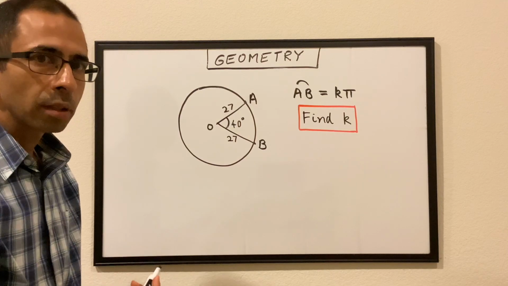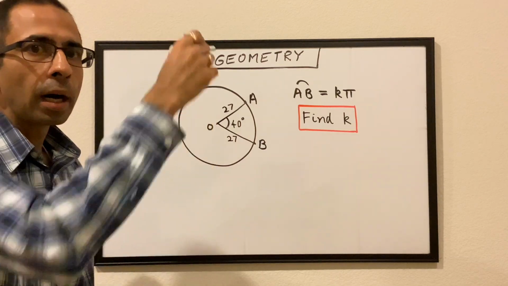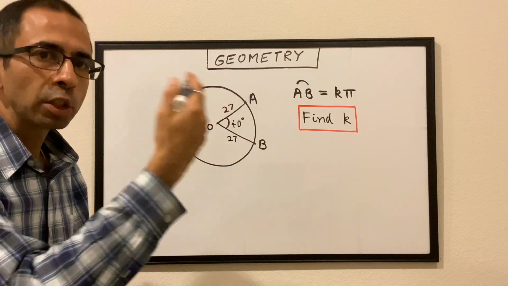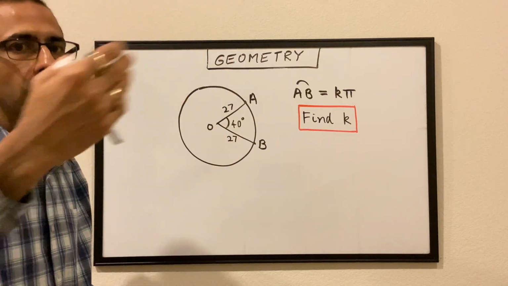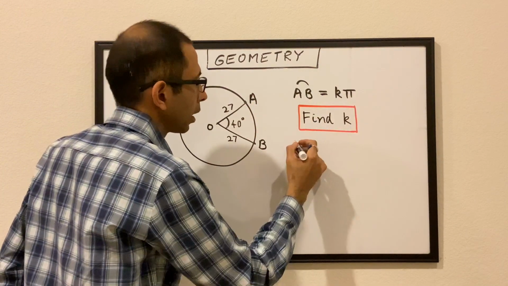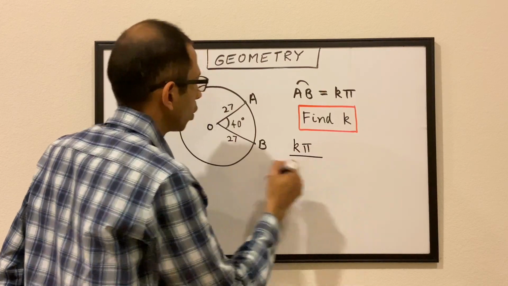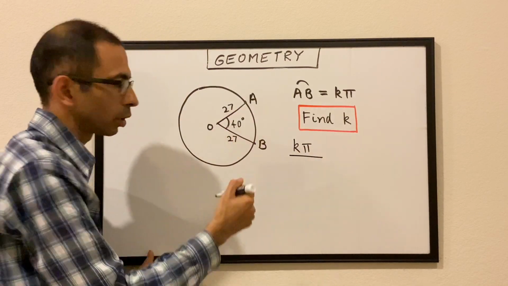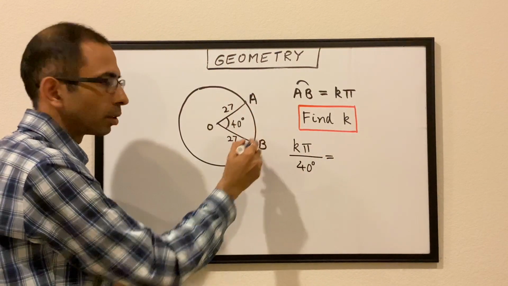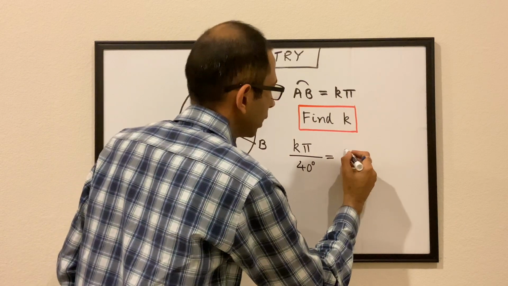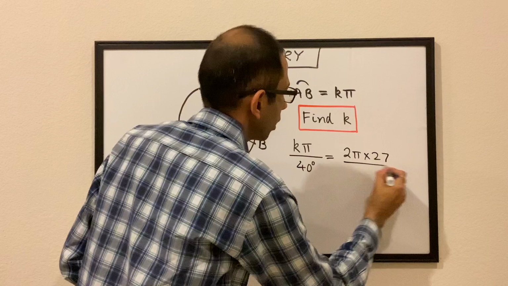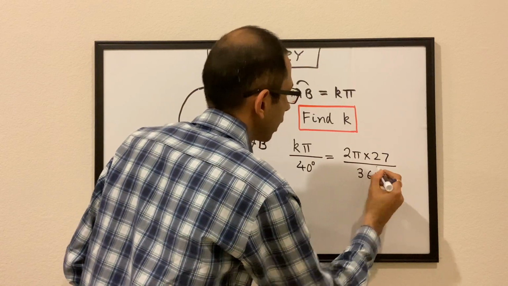So again, as we discussed earlier, the ratio of the arc length to the central angle remains the same. So partial length of the arc, partial angle, full length, full angle. Essentially the length of AB, which is k pi, over the central angle which it's forming, which is 40 degrees in this case, is equal to the ratio of the full length, which is 2 pi r, r is 27, divided by the full central angle.